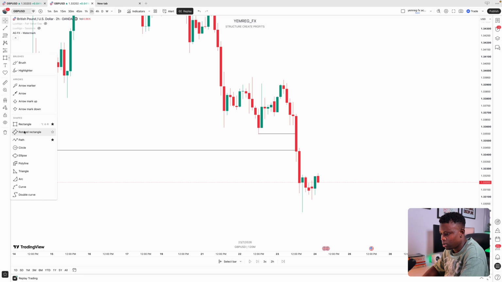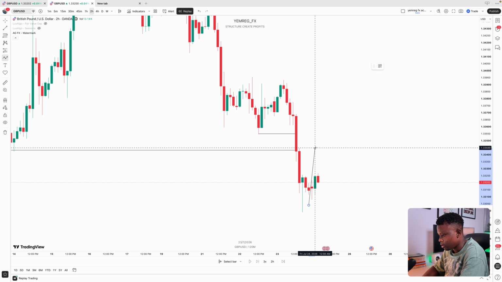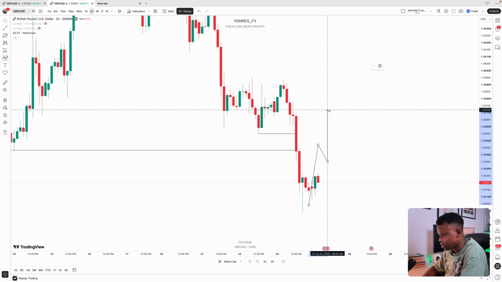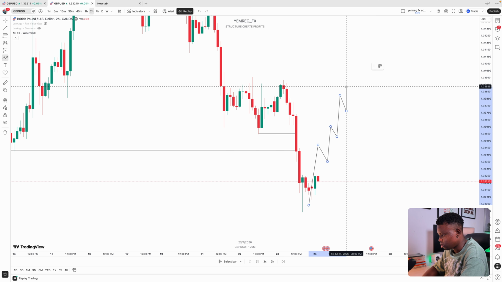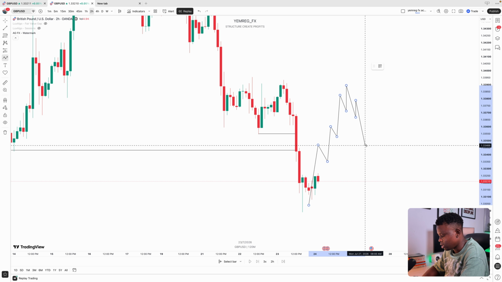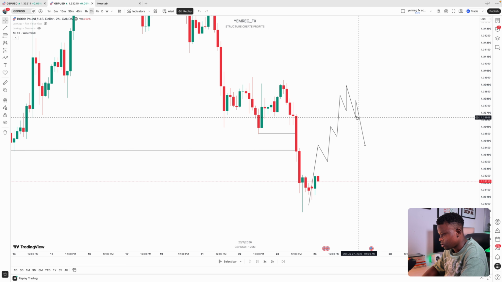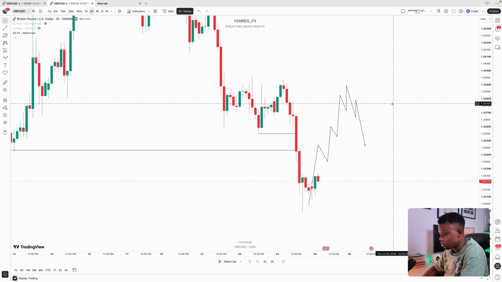Price will come, then price might start creating something like this. You have to wait for price to take out and shift to the downside before you can take any sell opportunities. And there are other things you need to put into consideration, like liquidity and the rest.